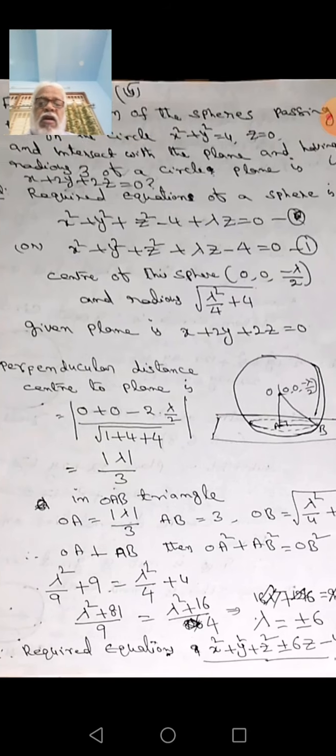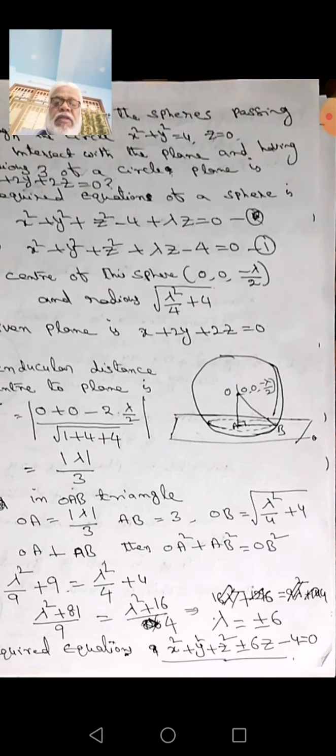By this, lambda square plus 81 by 9 is equal to lambda square plus 16 by 4. By simplification, we get lambda is equal to plus or minus 6, and the required equation is x square plus y square plus z square plus or minus 6z minus 4 is equal to 0. How do we get plus or minus 6 here?